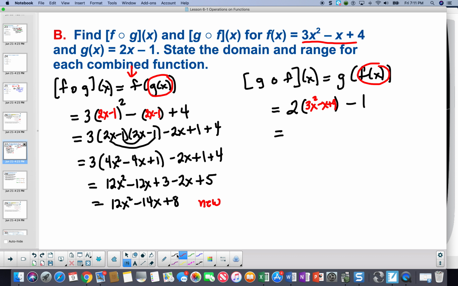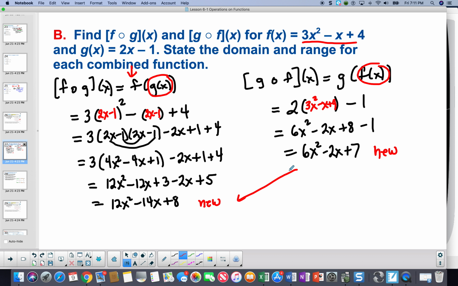Okay, now I'm going to distribute, and so this is 6x squared minus 2x plus 8 minus 1. And this is 6x squared minus 2x plus 7. And this is our brand new function. Now notice that they're not the same. Notice that when you put g inside of f, it's not the same as putting f inside of g.